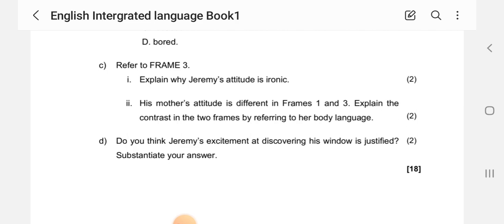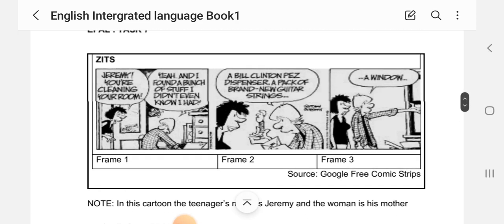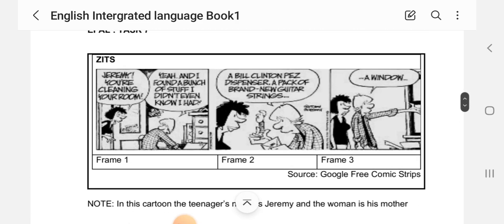So his mother's attitude is different in frame 1 and 3. Explain the contrast in the 2 frames by referring to her body language. So let's look at frame 1, and then frame 3, she's closing her mouth. Her eyes are even shut. So what is the contrast?